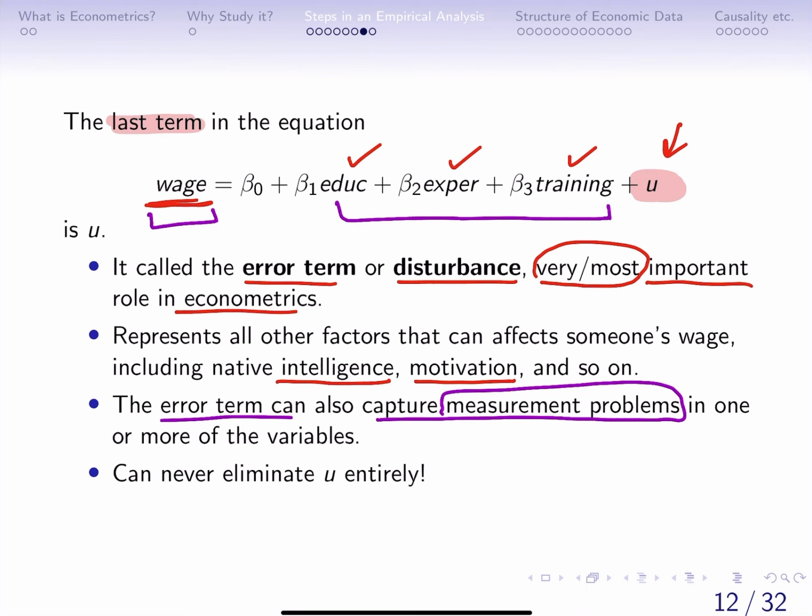Okay, so we'll talk about when we encounter those problems and how we fix those. But remember that even though we try very hard and we have a lot of complicated models to eliminate the effect of that disturbance or the error term, we can never eliminate that disturbance or error term entirely.